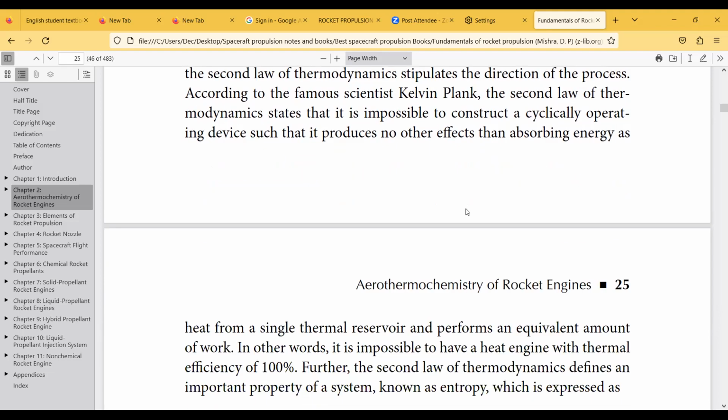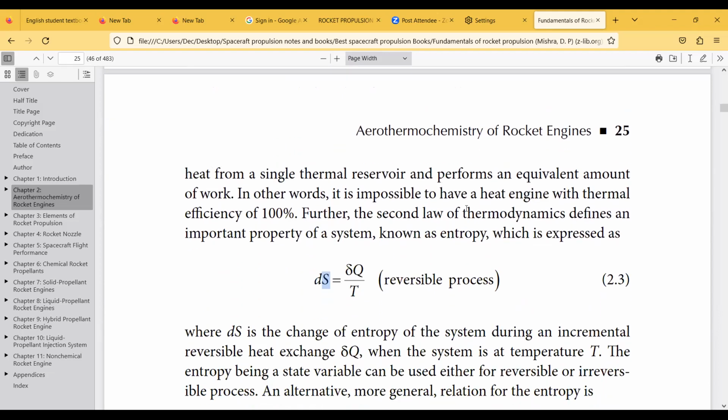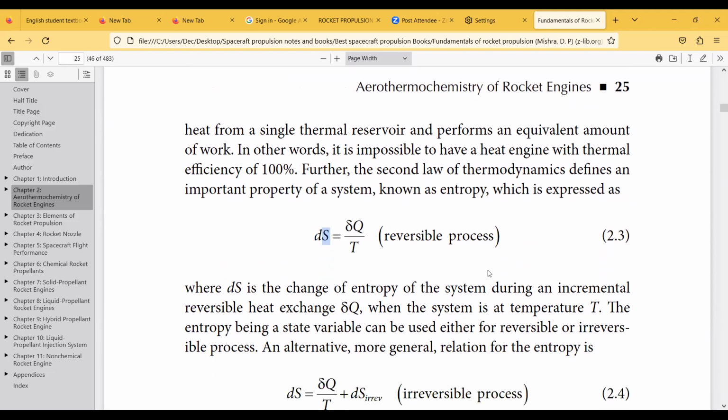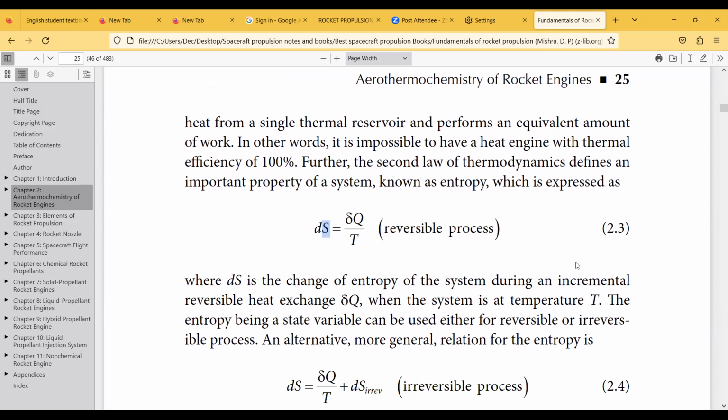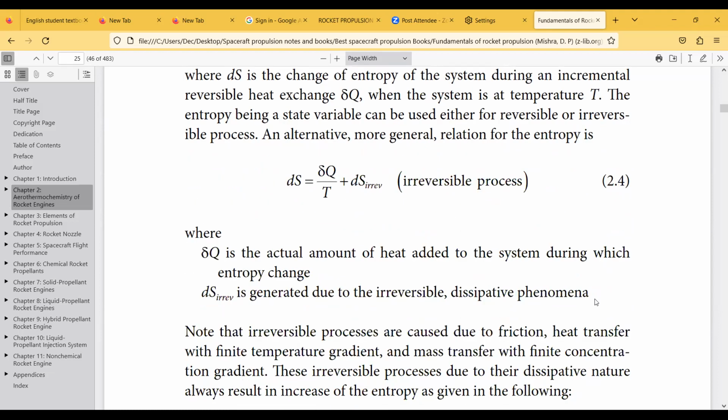Entropy, which expresses the second law here. So the entropy dS is equal to dQ over T. dS is the change in entropy of the system under incremental reversible heat change. dQ is heat change, and temperature T is there.